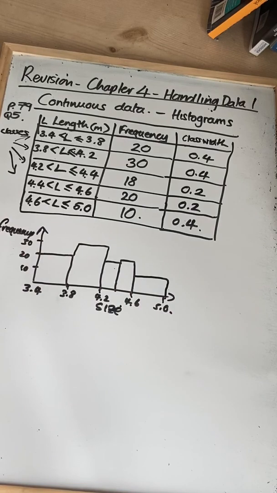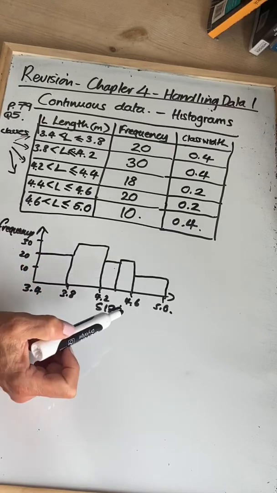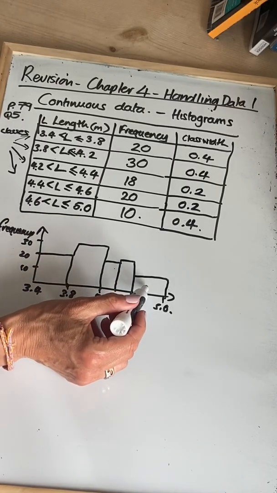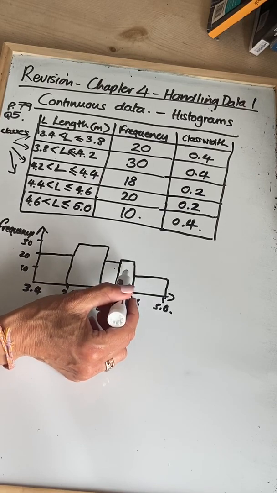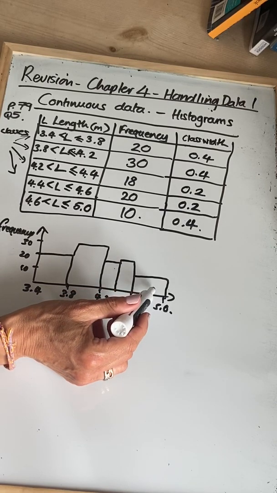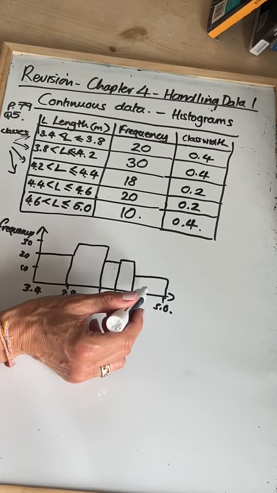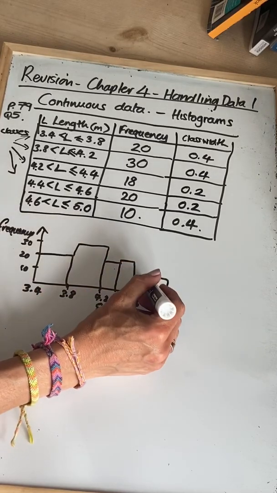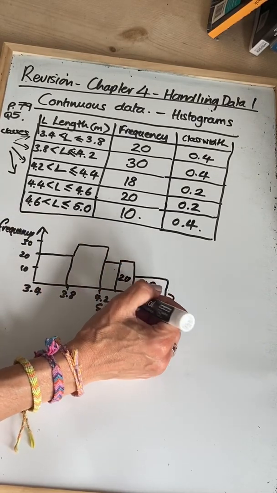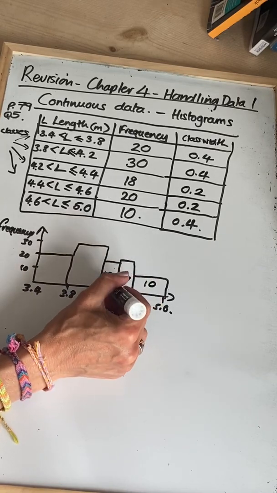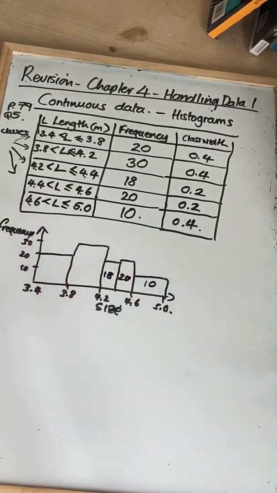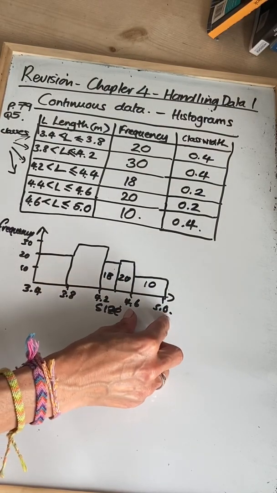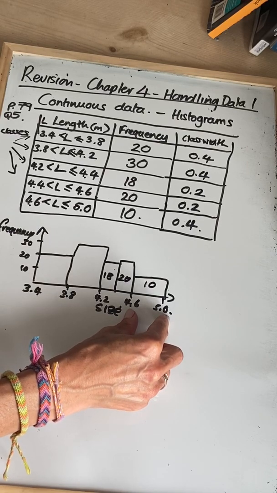Now, I haven't done the world's most accurate diagram here, but if I was to just take a glance at this, I would say that this bar here looks bigger than this bar here, or at least the same size, yeah? And actually, that's the problem with plotting it like this. This bar here only represents 10, this one represents 20, and this one represents 18. Relative to each other, they look okay, but that one and that one don't look okay relative to each other. It's misleading. It makes it look as though there were lots of cars in the 4.6 to 5 category.